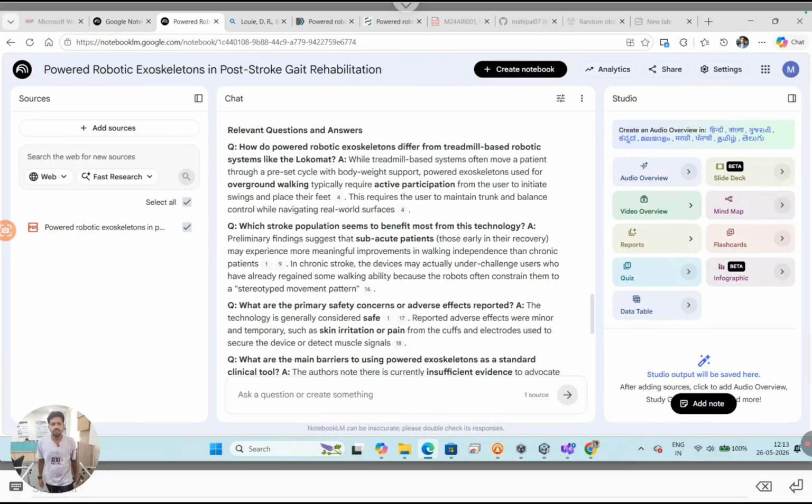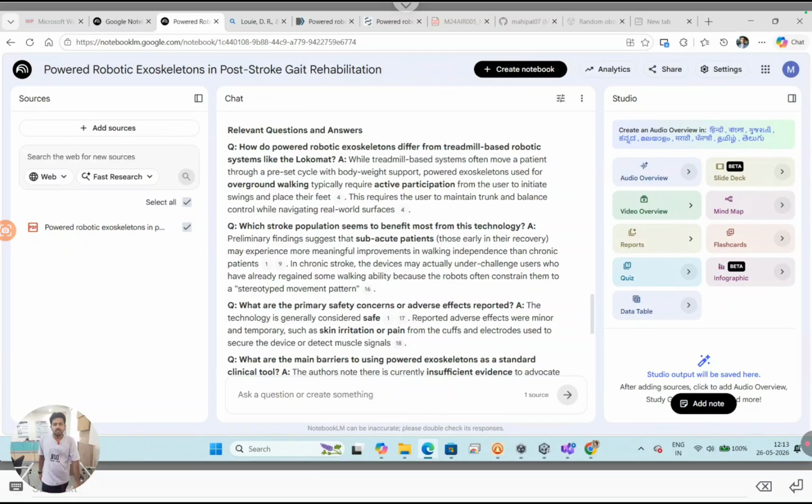Which stroke population seems to benefit most from this technology? The preliminary findings suggest that subacute patients, those early in their recovery, less than 6 months, may experience more meaningful improvement in walking independence than chronic patients. In chronic stroke, the devices may actually underchallenge users who have already regained some walking ability, because robots often constrain them to a stereotyped movement pattern.